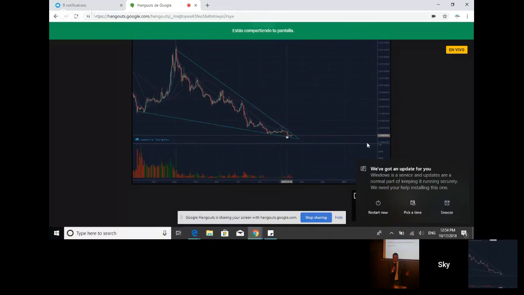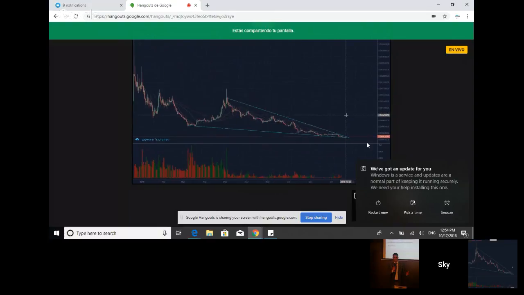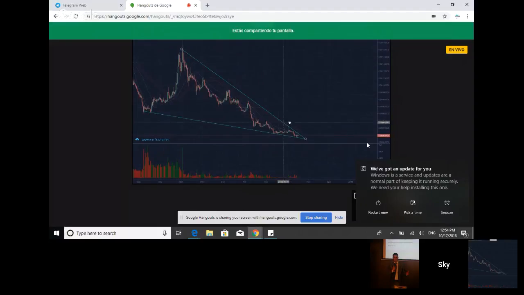So as I see this coin, this is a very good entry with a short stop loss. If we enter at this level of 29,000 Satoshi, the stop loss will be probably near 27,000 Satoshi. This is a very low stop loss, and the targets for this coin are very, very big.